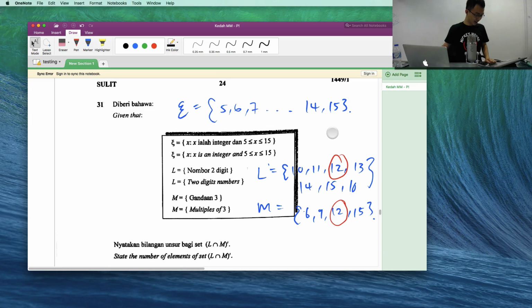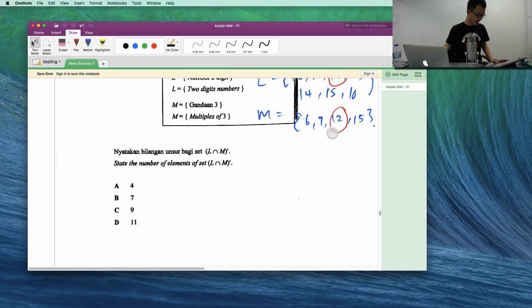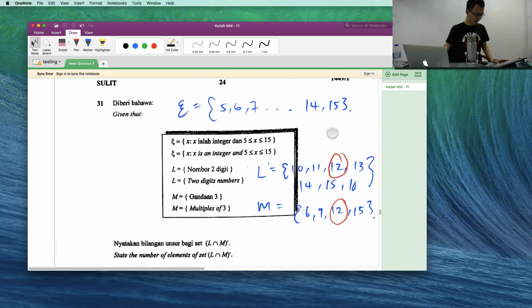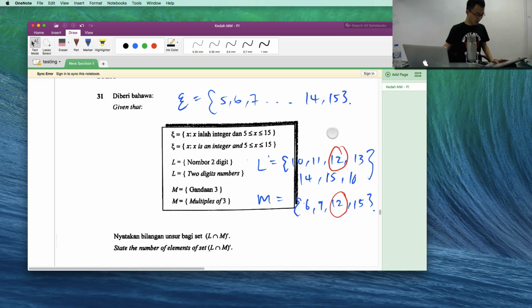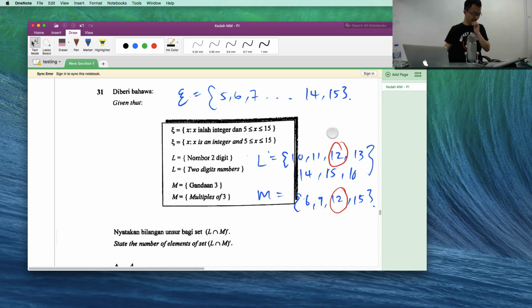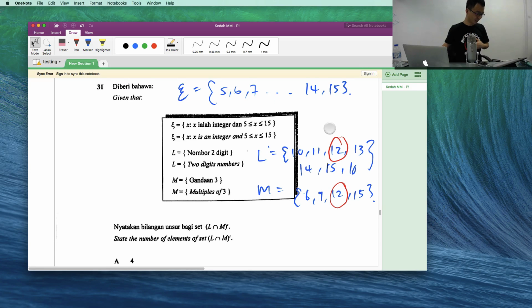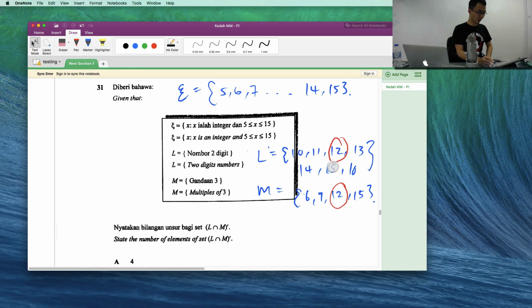Let's see. They ask how many? 2-digit numbers. M is a multiple of 3. Oh, and 15. No wonder. I forgot about 15 here.